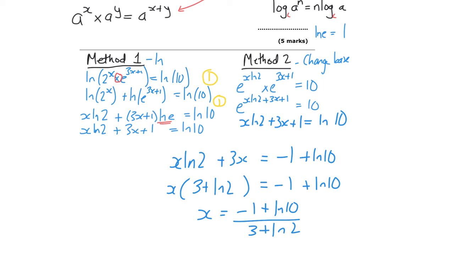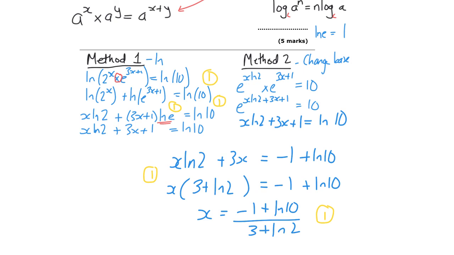By spotting ln e is 1 gets you a third mark. By factorizing out your x gets you your fourth mark, and again, obviously the right answer gets you the last mark.